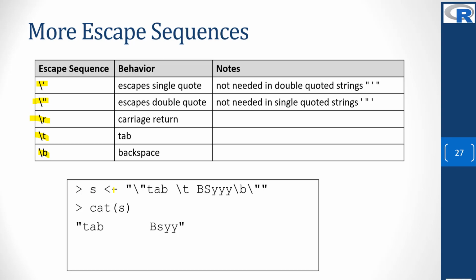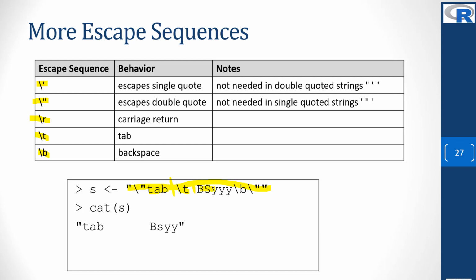In this example here, we're assigning this string with a lot of bizarre characters in it to the variable s. So you can see we've got an escaped double quote, so it's going to embed the double quote in the string. And then the word tab, this is not the escape sequence for tab. Here's the escape sequence. So after the word tab and this space is going to embed a tab character in the output, followed by a space.